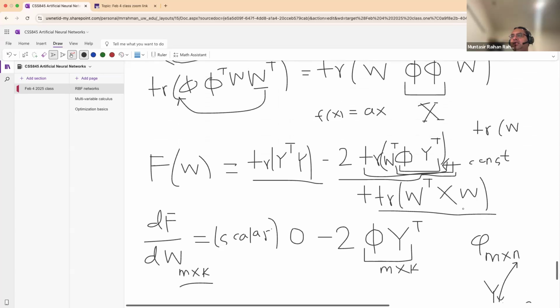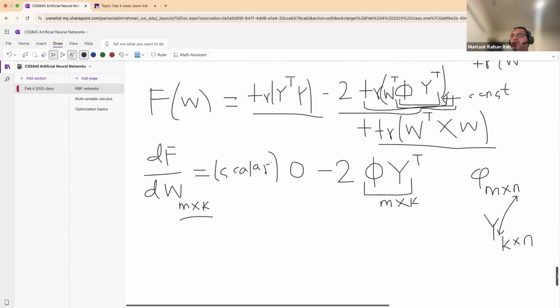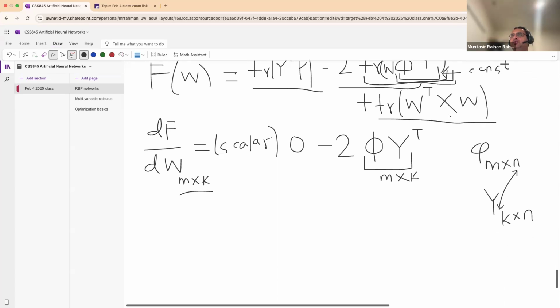And now let's look at this one. Again, we're going to do the same thing. We're going to consider w and x to be scalars. So if w and x become scalars, then in this w transpose x w, if they're all scalars, the order doesn't matter. This becomes something like w squared x. And then if you differentiate this scalar, what becomes the value here?